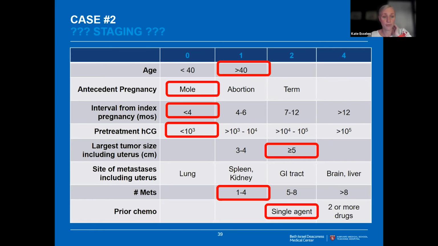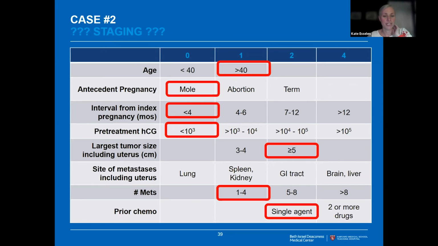However, her uterine tumor, which is included in the largest tumor size variable, is over 5 centimeters, so she gets 2 points for that. She doesn't have any known metastatic disease in the lung, spleen, kidney, GI tract, brain, or liver. She doesn't get any points for a vaginal MET. However, she does get points in the number of metastases. She had 1 to 4 METs, 2 small nodules, so we give her a 1 for that.